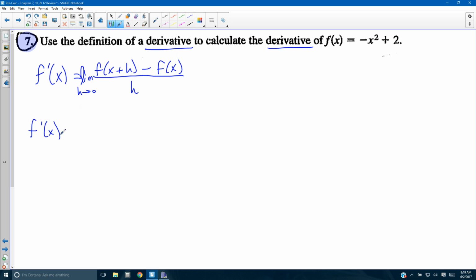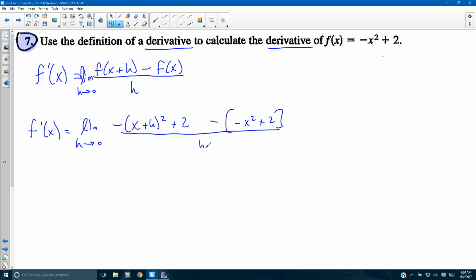f prime of x equals limit as h approaches 0 of f of x plus h, that is negative x plus h quantity squared plus 2, minus f of x, which is negative x squared plus 2. This is all divided by h.